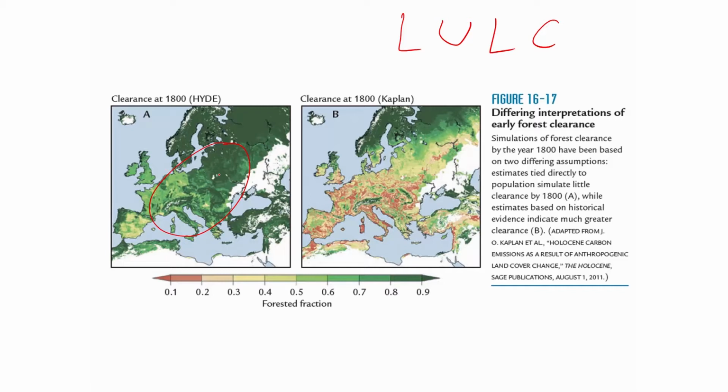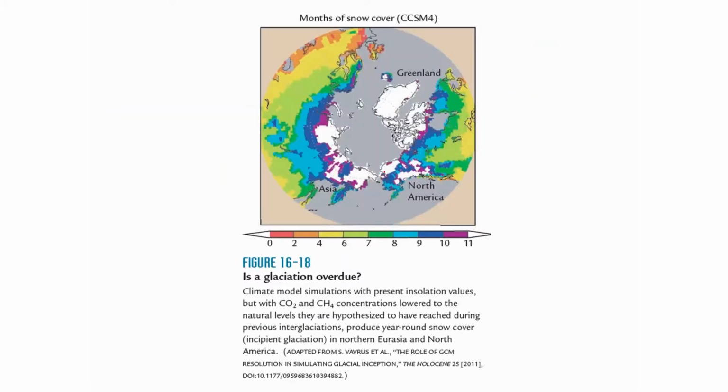So this one relies on population impact, and this one relies on more historical evidence, and we combine them. You can see the differences are not small in terms of forested fraction. Here it's almost 100%, but here it is down to about 20 or 30%. So that can make a massive difference.